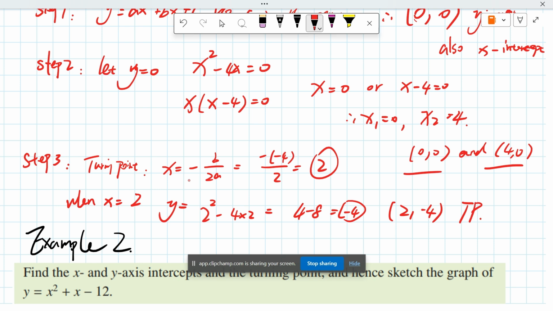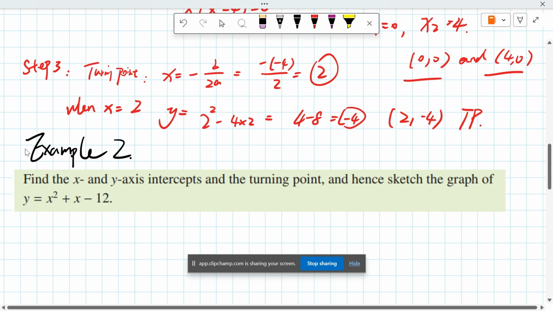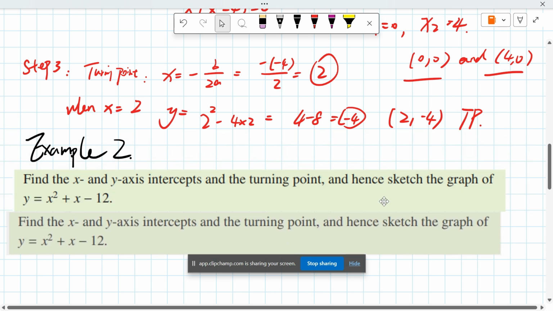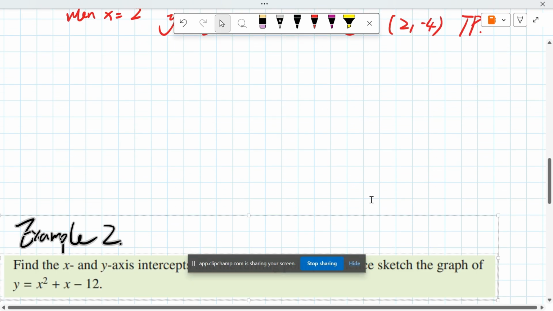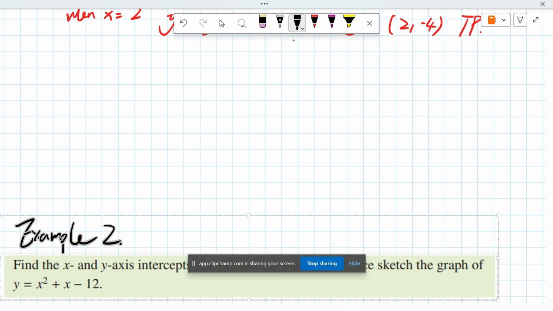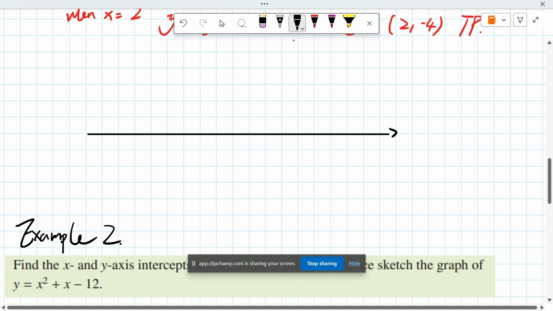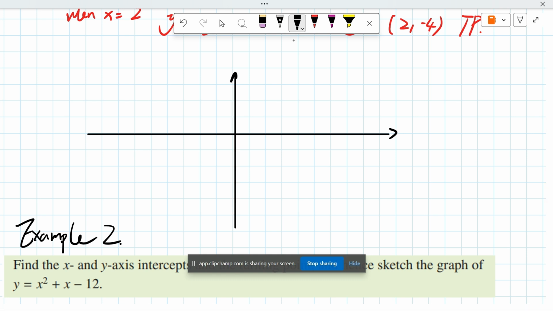So now we can actually graph. I'll move example 2 a little bit lower. Now we plot (2, negative 4), this dot point.